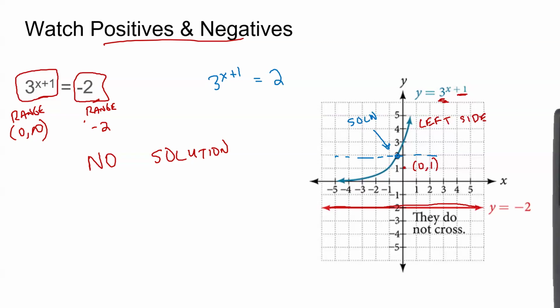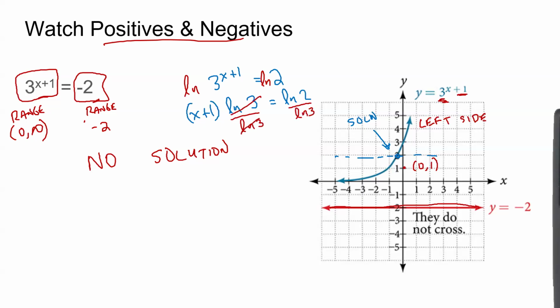If you wanted to do that one, take natural log of both sides, common log, whatever you like, bring down the x plus 1 times the natural log of 3 equal to the natural log of 2. And then we'll divide both sides by the natural log of 3.